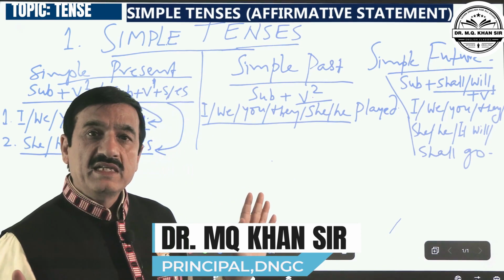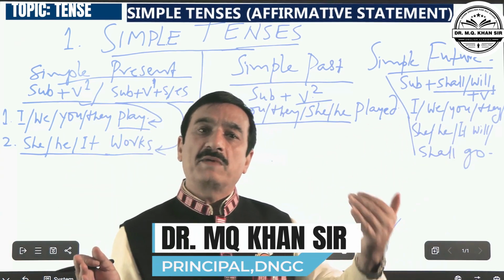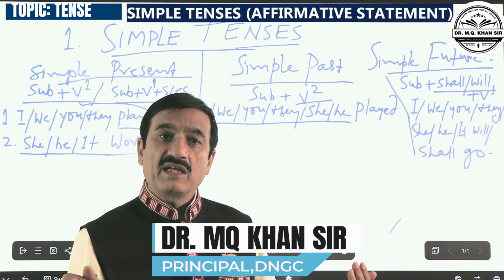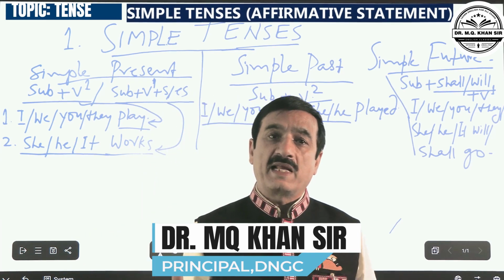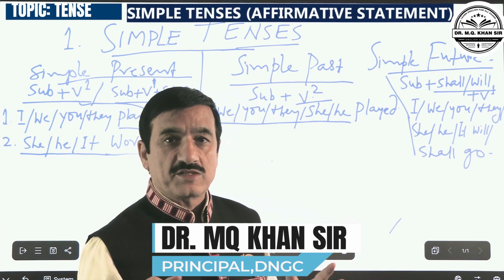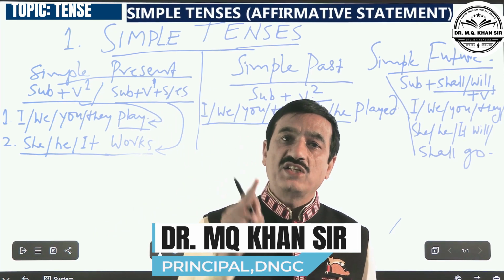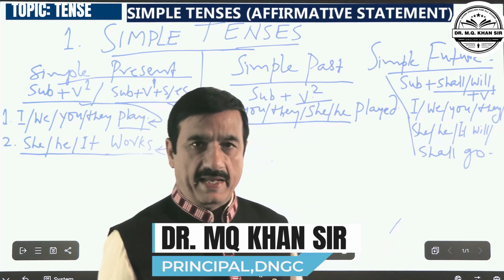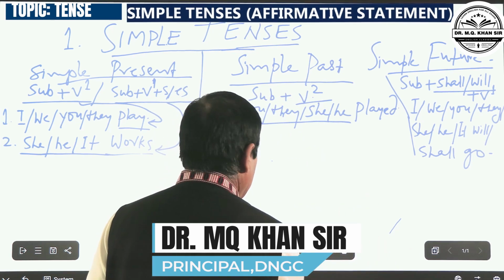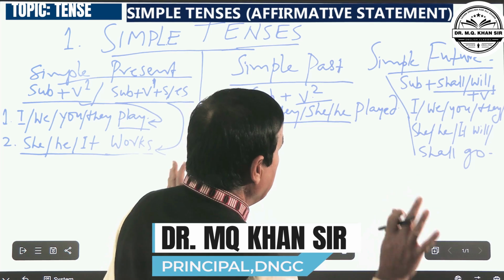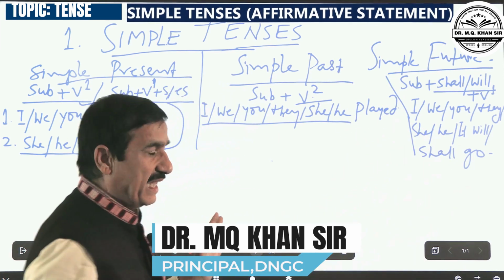Similarly, if shall comes with second, third person subjects, then it will express certainty, emphasis. For example, he shall play means it is certain. He shall play means he will certainly play. So this is to be clear. Otherwise, no confusion. You can use interchangeably shall and will.